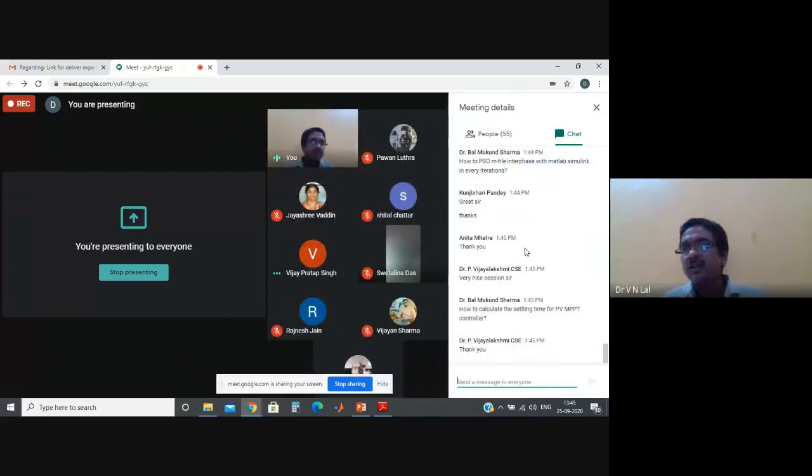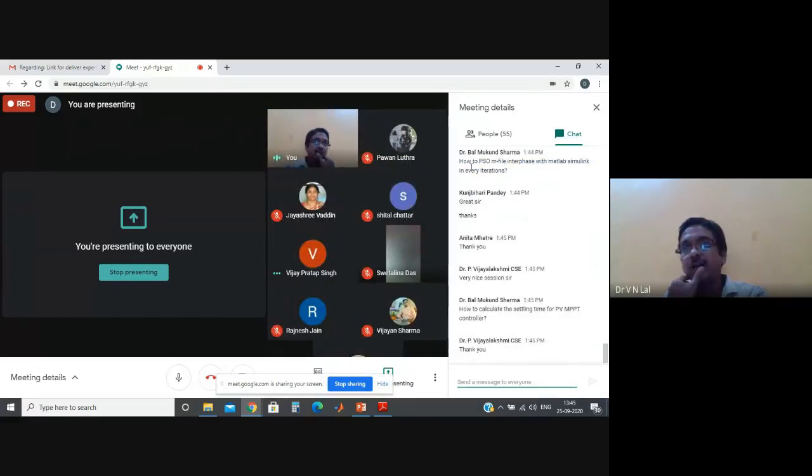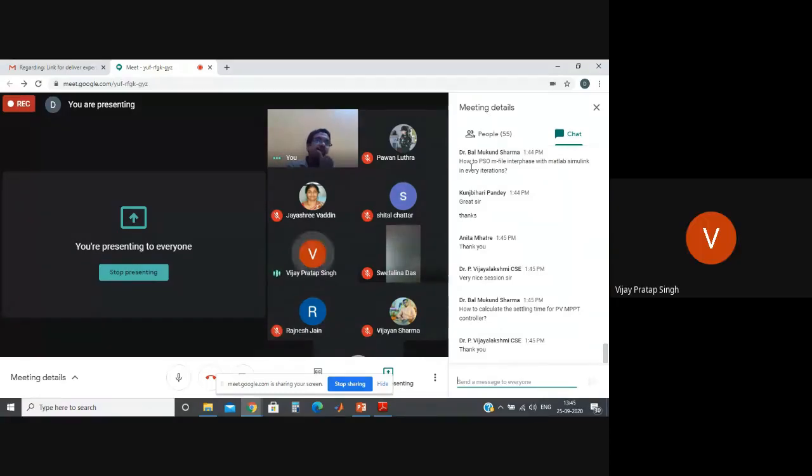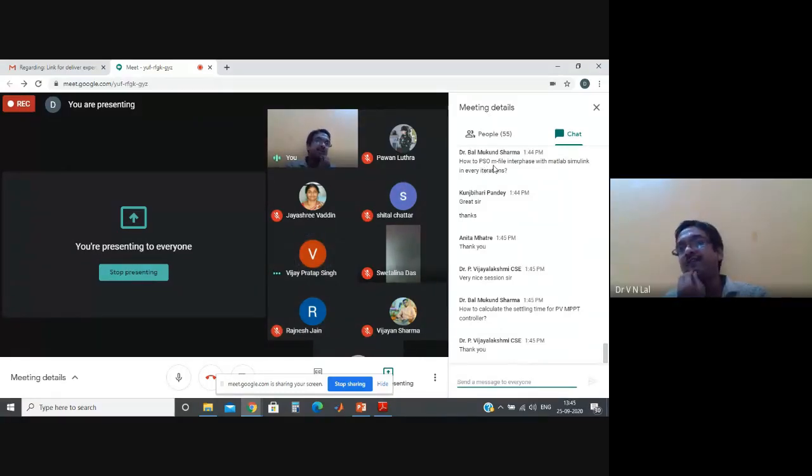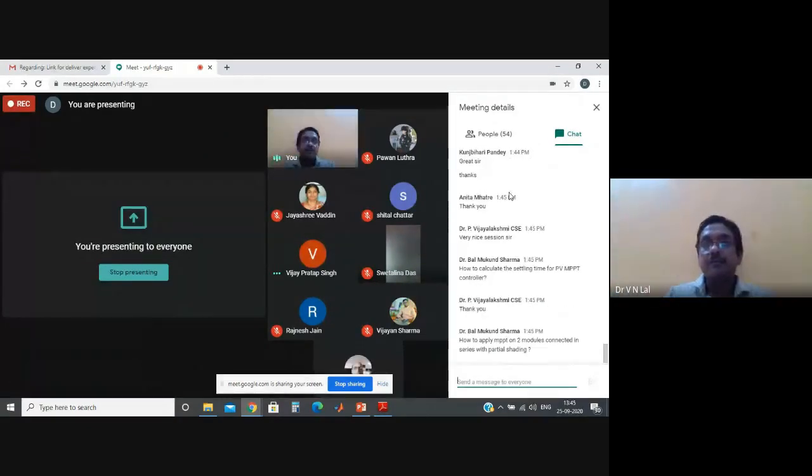For that purpose, you can write the program. There is a provision to write a simple program and interface that program box to MATLAB Simulink, so both can be combined.